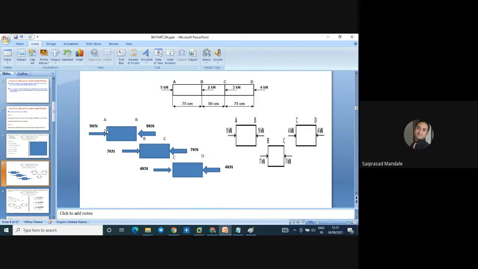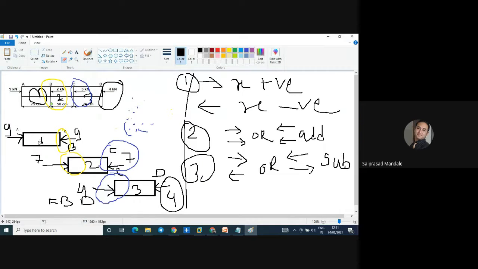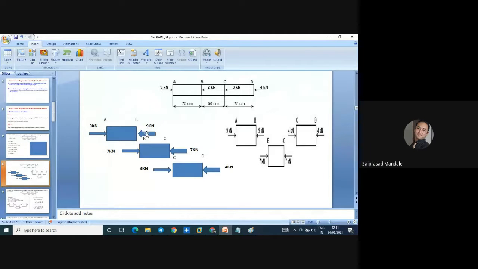What we have calculated, let us check: 9, 7 and 4. Whatever we have done is correct. So what is the intensity? Which type of force is this? 9 kilonewton, is it tensile or compressive?